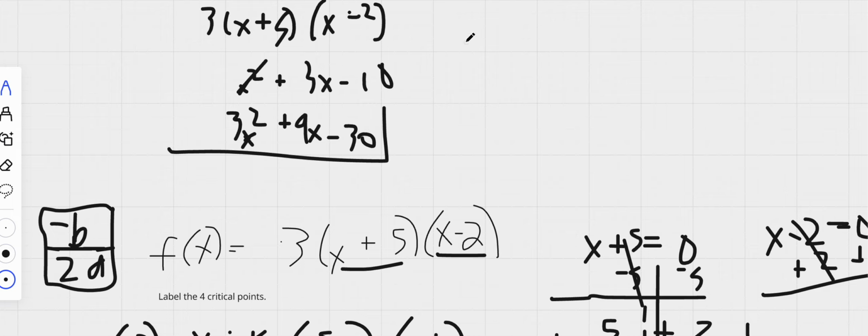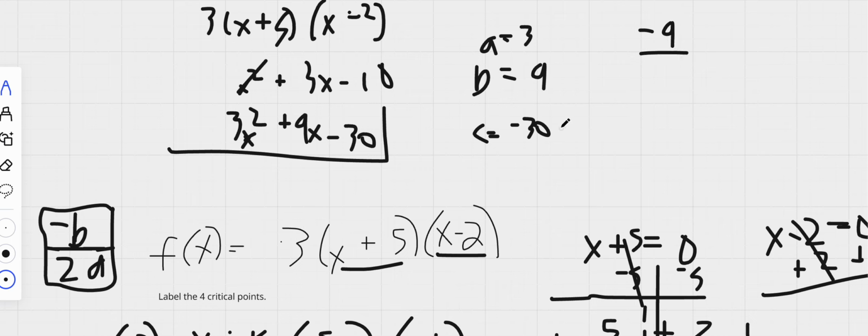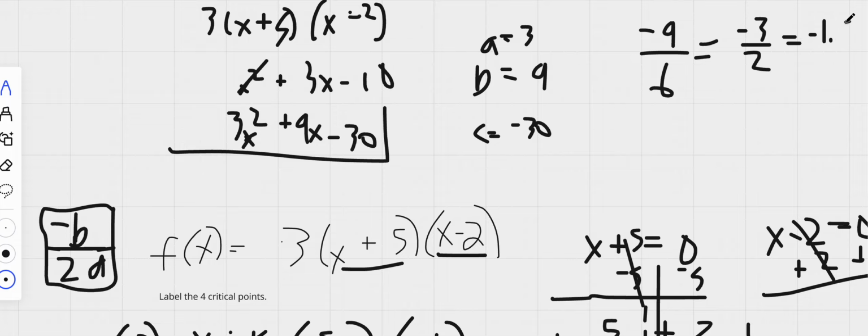So what's the negative b? Well, a is 3. b is 9. c is negative 30. So it's negative 9 over 2 times 3, which is 6, which is negative 3 over 2, which is negative 1.5, which is exactly what we got earlier.